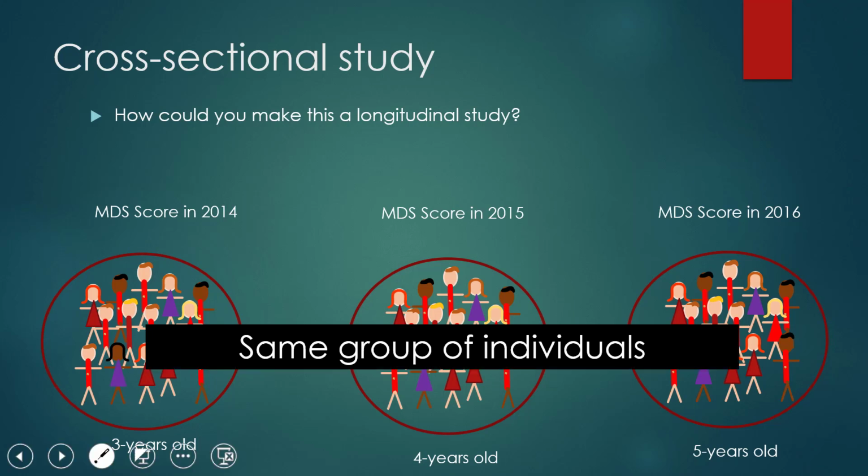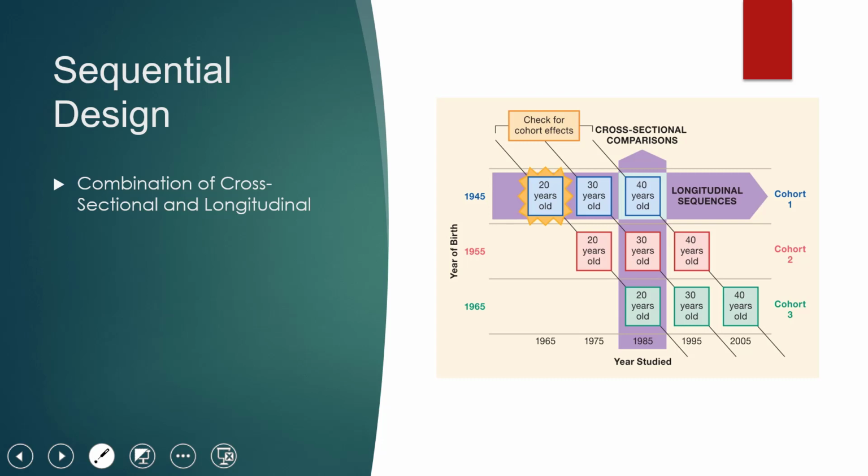So note here that this is the same group of individuals. So sequential design is a combination of those cross-sectional and longitudinal studies. And you can see here that it's taking a group of individuals that was 20 in 1945, and it's studying them every 10 years. So this is a longitudinal sequence. However, every 10 years, it also adds in another group of individuals.